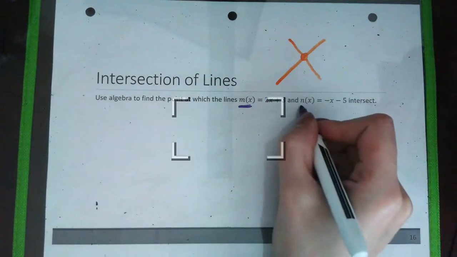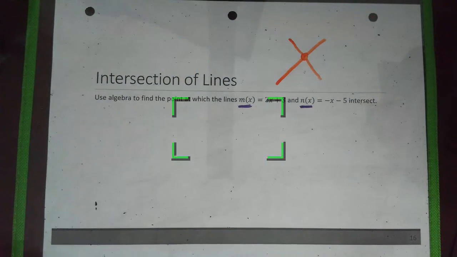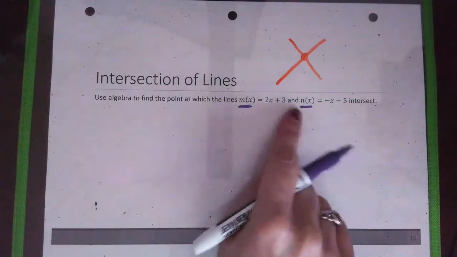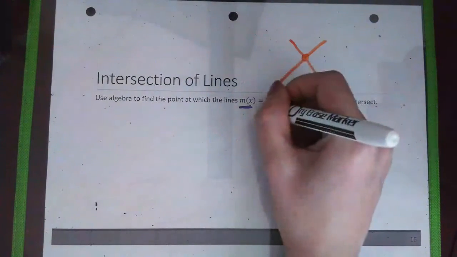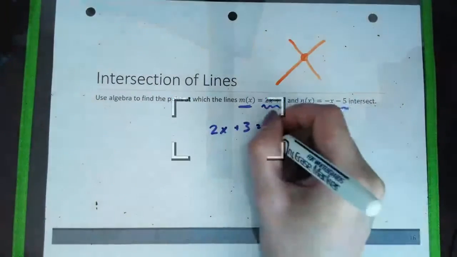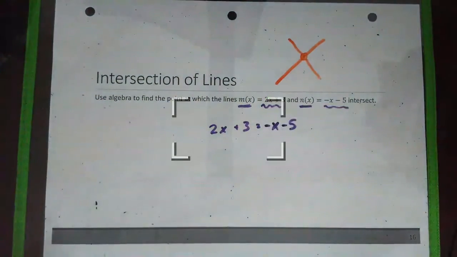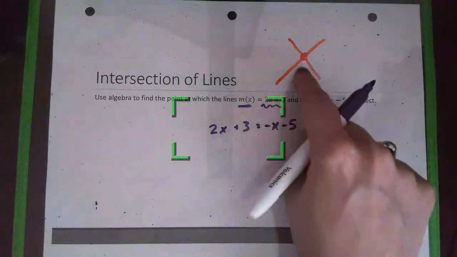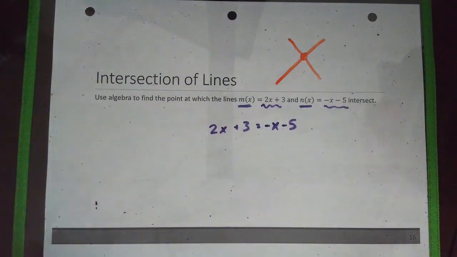The y value of the second function is given by n of x. If I want to say that these two functions are equal, so they have the same y value, then I need to take what they're equal to and set them equal. So 2x plus 3 is equal to -x minus 5. So what I'm doing is I'm saying these two functions are equal because I want them to be. I want to find the place where they overlap.